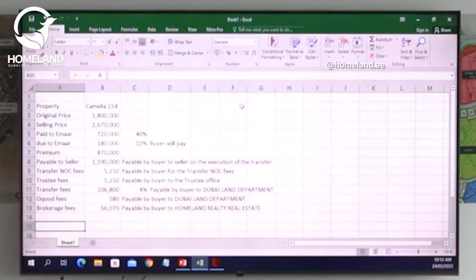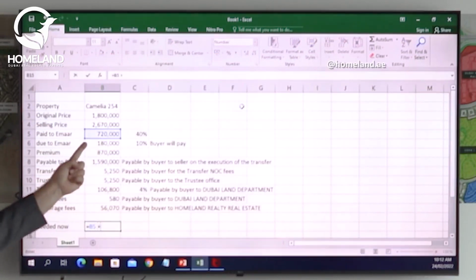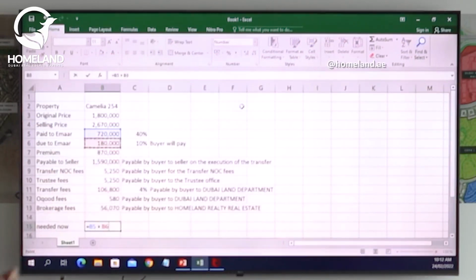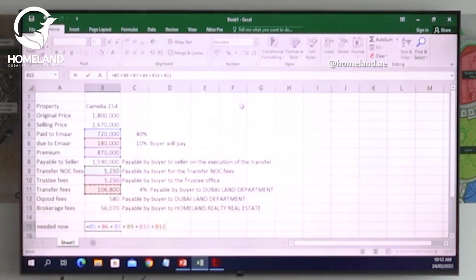Okay. Needed now. How much do you need now? He needs 720 plus 180 plus 870 premium plus 5250 plus trustee fees plus transfer fees plus title deed fees.